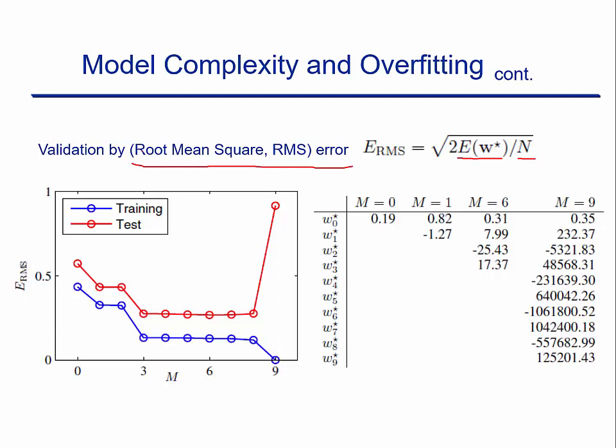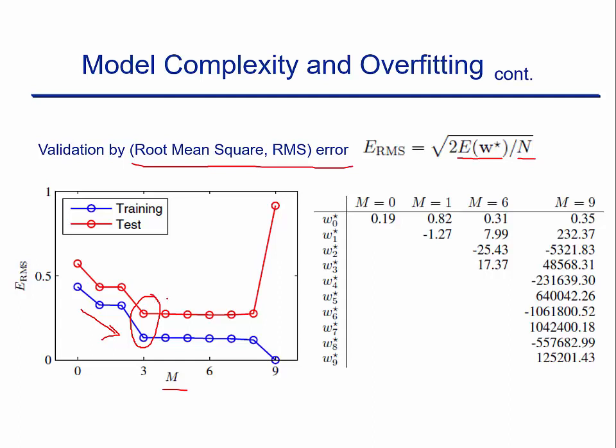Now, using this value, we will draw a plot of the model performances with respect to the order of m for both the training and the test data set. We can see that for both, the error decreases first, okay? And at a certain point, the performance on the test data set stabilizes.